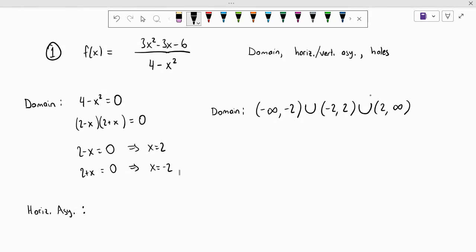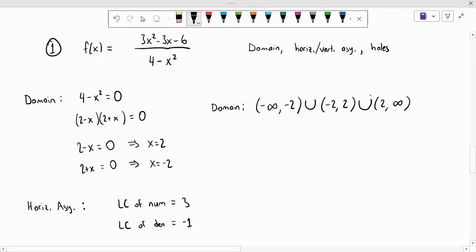The leading coefficient of the numerator was 3, because that's the coefficient of your x squared term. The leading coefficient of your denominator is -1, because that's the coefficient of x squared down here.